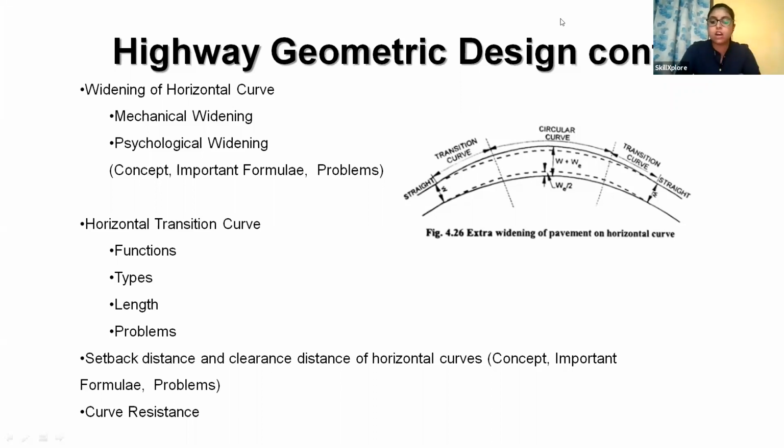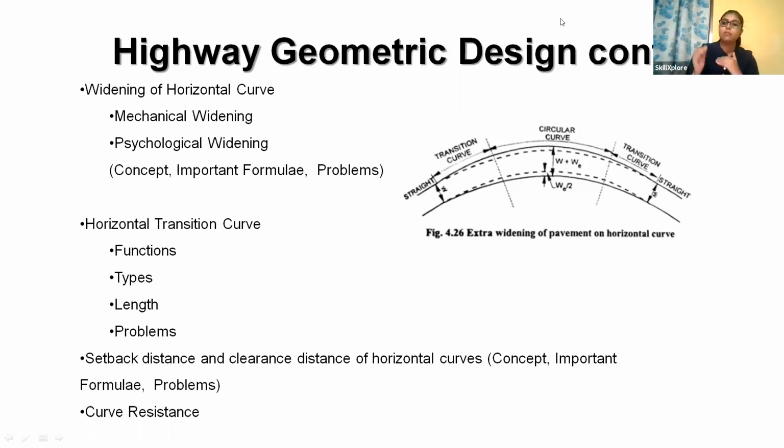Mechanical widening: when a four-wheeler or six-wheel vehicle, not a two-wheeler, is negotiating a horizontal curve at relatively slow speed, there will be two sets of wheels, no? The rear wheels will not follow the same path as the corresponding front wheels. There are chances that the rear wheels will go out of the width of the pavement while we are encountering a curve.